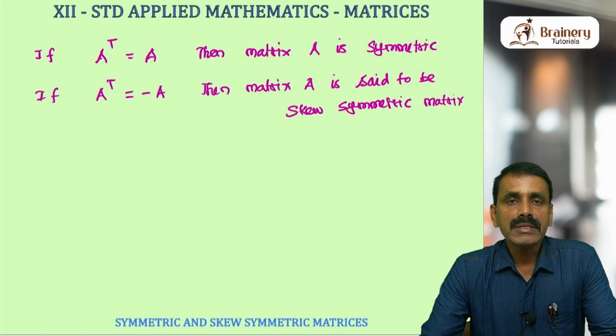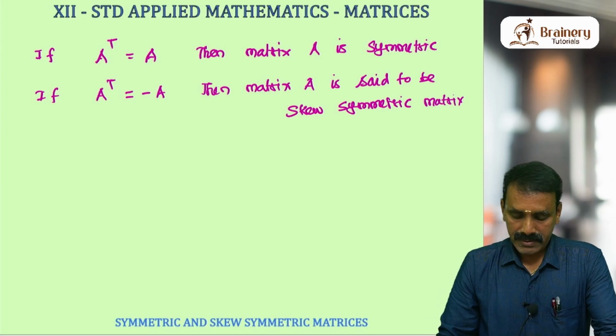If A transpose is equal to minus A, then A is said to be a skew symmetric matrix.